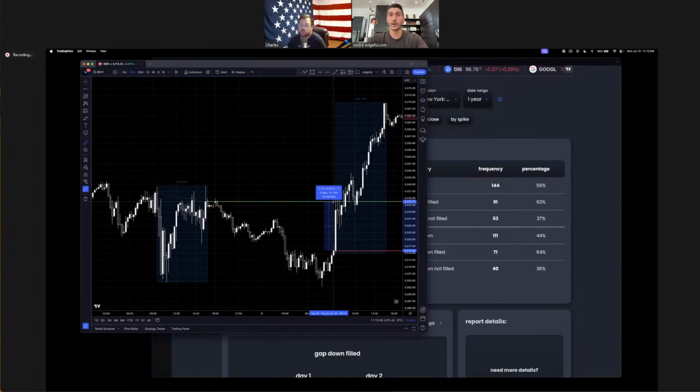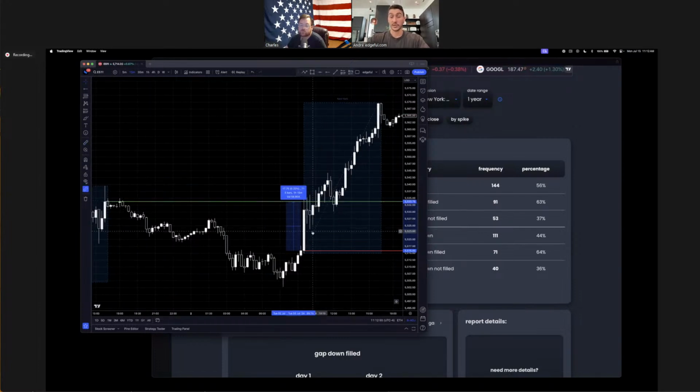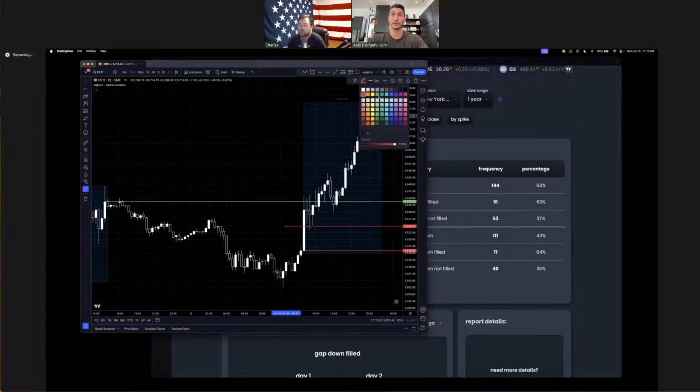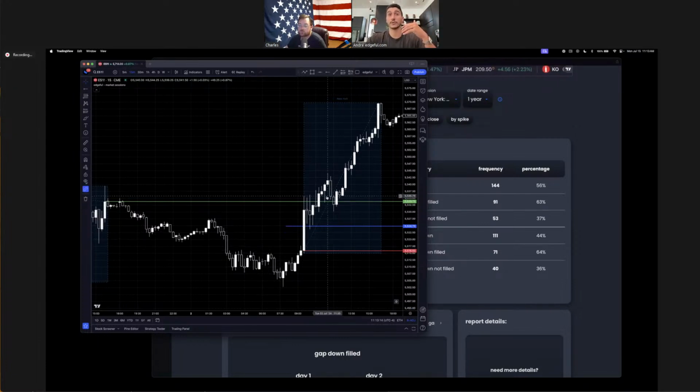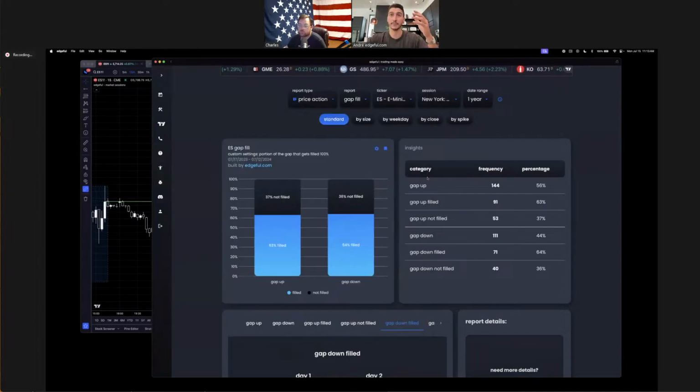But what if you don't want to see the entire gap? What if you only want to see halfway? So we added something that allows you to see that. You can see here, this is the entire gap size, roughly 18 points. I'm going to paint out here the halfway line, which is right here, and make this blue. Let's say you struggle to hold on to your winners. When something is going in your favor, you say, I can't hold for this whole gap, but I can hold for half of it.